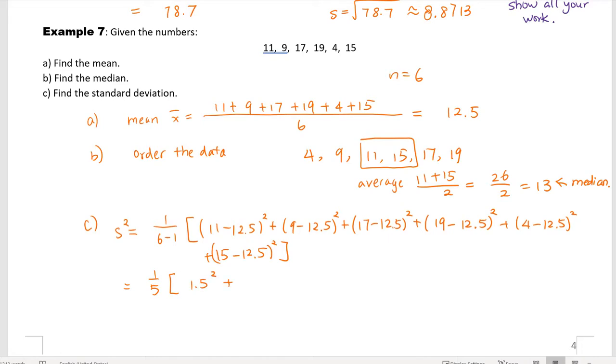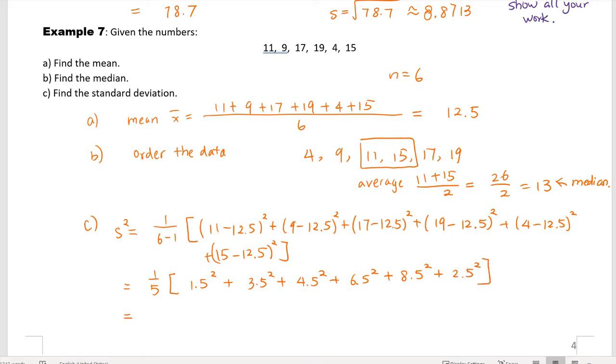And the 9 minus that is negative 3.5, square becomes positive. And this guy, we have 4.5 square. Here, 6.5 square. Here, 8.5 square. And that is 2.5 square.